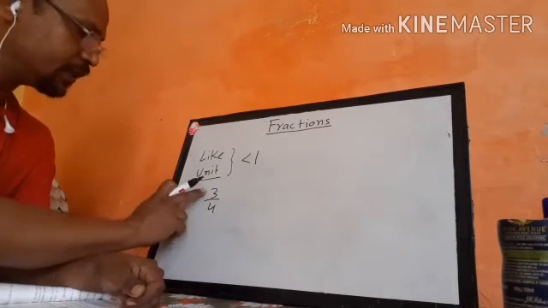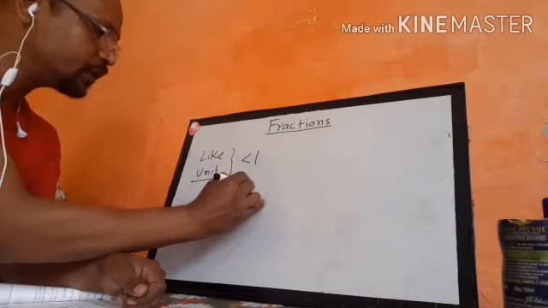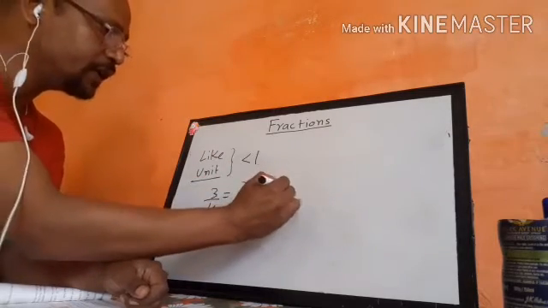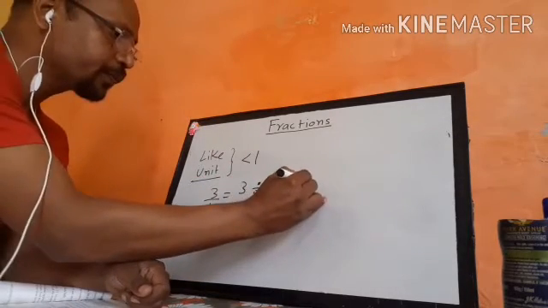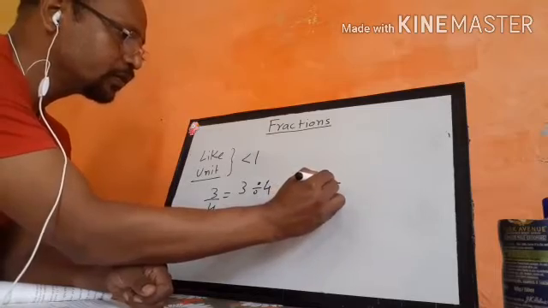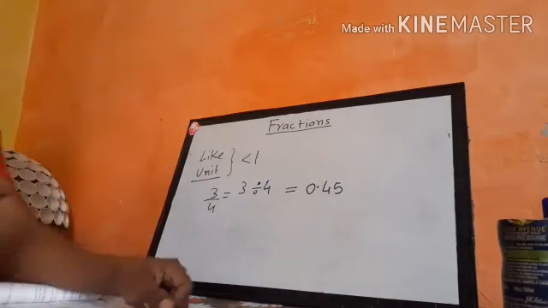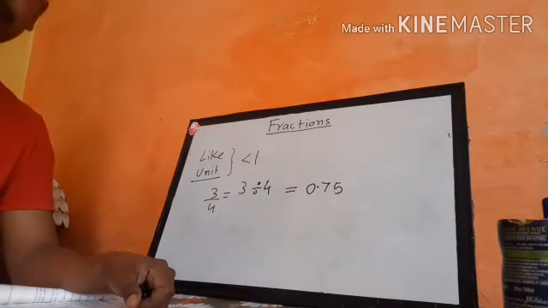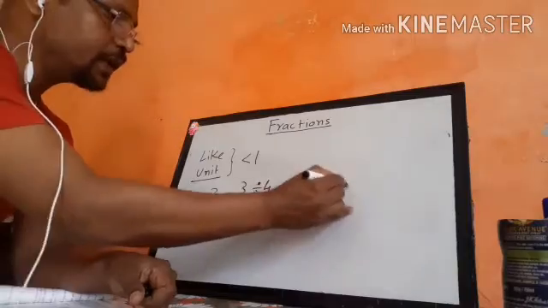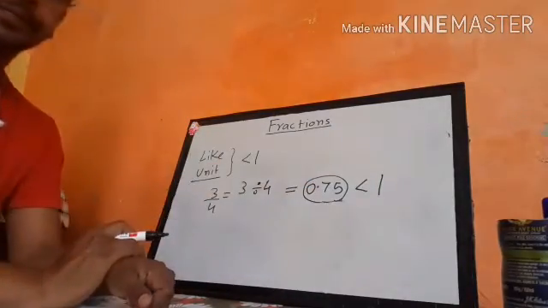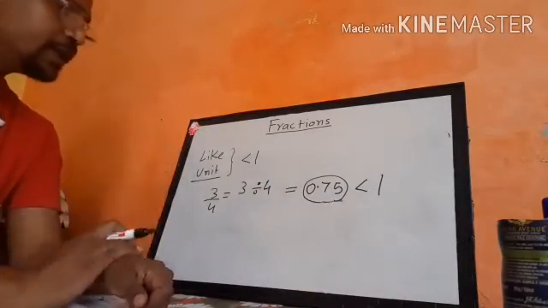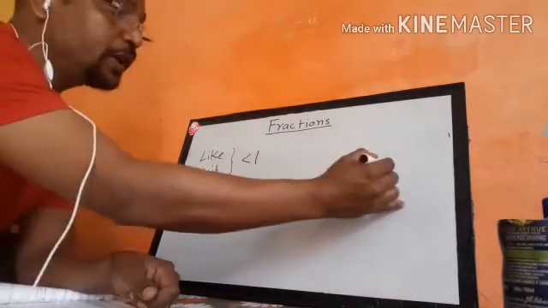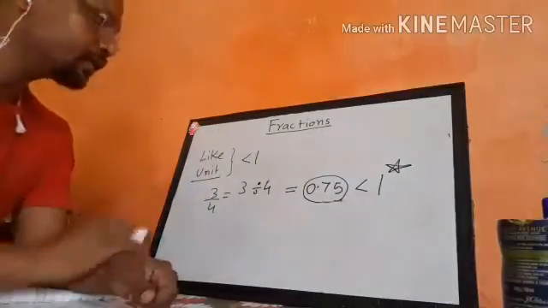Divide this 3 by 4. As I told you, it can also be written in the form of division. Now divide it and we have the value 0.75. So you can see this is smaller than 1. So a like fraction always has a value less than 1.